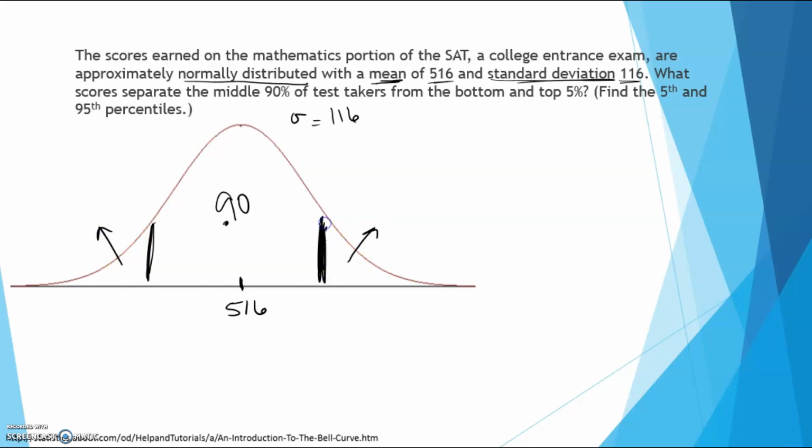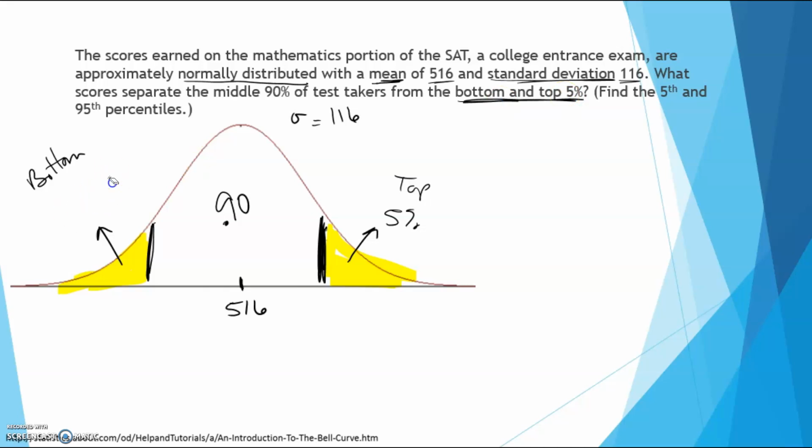If I add those two little areas, that is 10% left, which means I've got 5% here, that's my bottom 5, and 5% over here, this is my top 5. And that's what they're talking about right here, separated from the bottom and the top 5%.